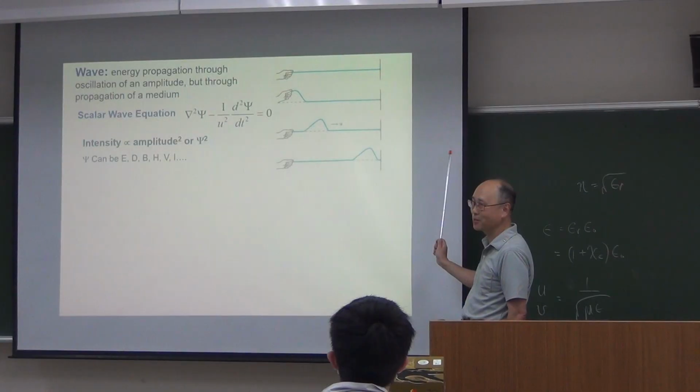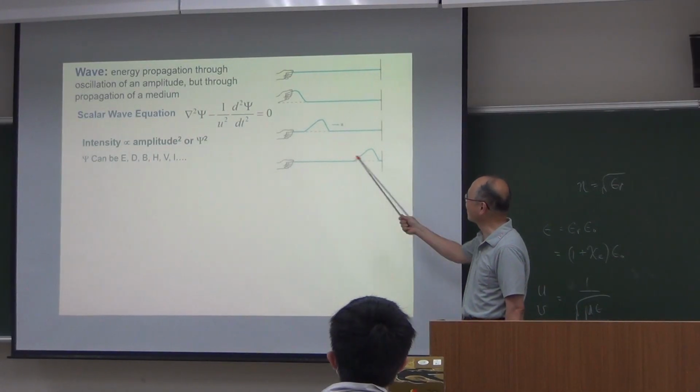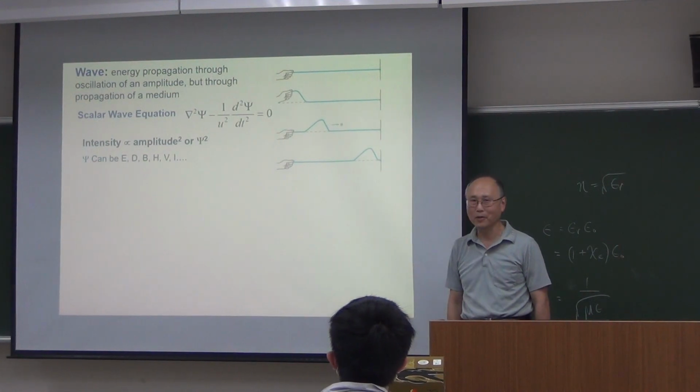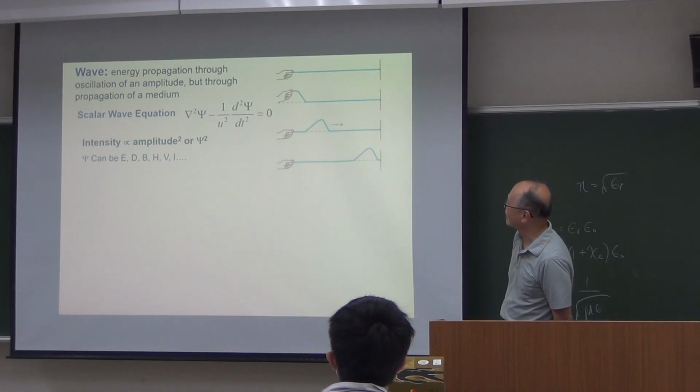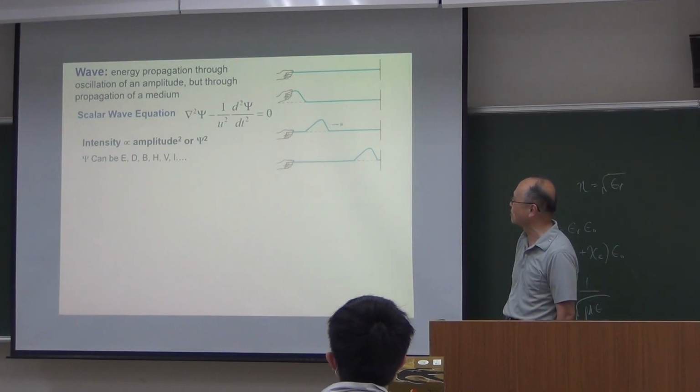It could also transmit. And effectively, you have energy going back and forth on this medium. So a wave is the propagation of energy through oscillation of an amplitude, but the medium does not propagate.